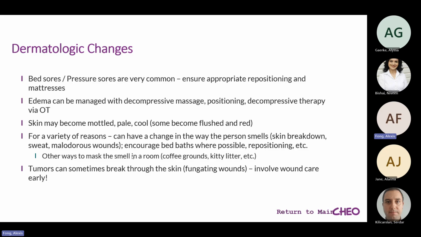Sometimes kids will have tumors that get so big it breaks open the skin on top and is really malodorous. So for a variety of reasons, the way that someone smells very commonly changes at end of life. And so it's not something that I commonly talk about with families, but just something for you to be aware of.